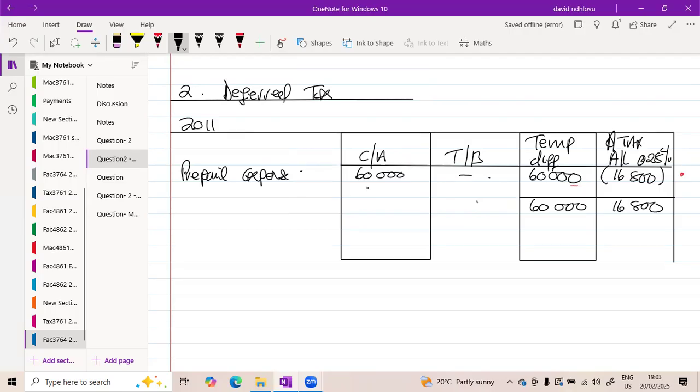Now here is the trick. Remember, an unused tax loss means that for tax purposes, you don't have a positive taxable income, but you have a tax loss. SARS does not allow you to be paid in the current year.